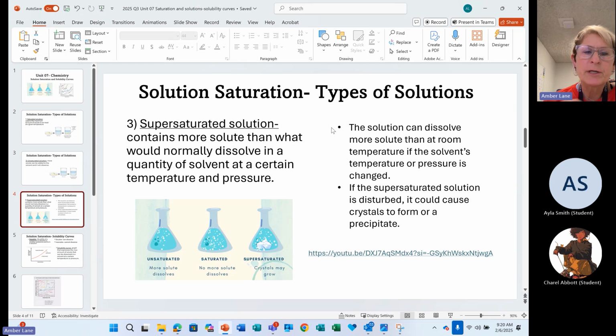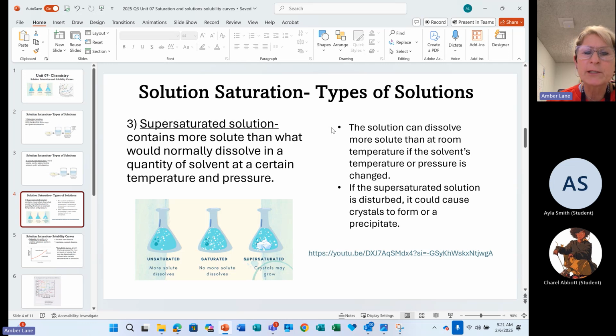A supersaturated solution is usually made if the solvent is warmed up, and there are several things that can cause a solvent to be able to dissolve more than it really should, like changing pressure, changing temperature, agitating it, stirring it, that's all going to help.